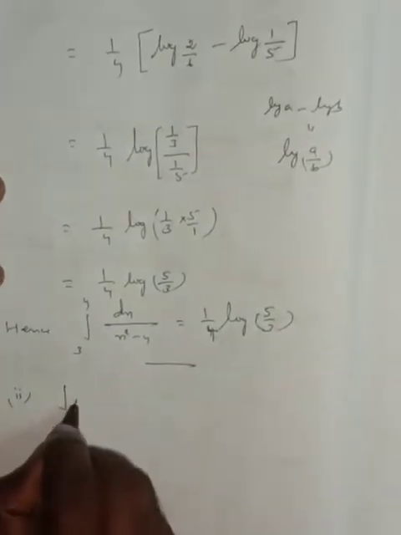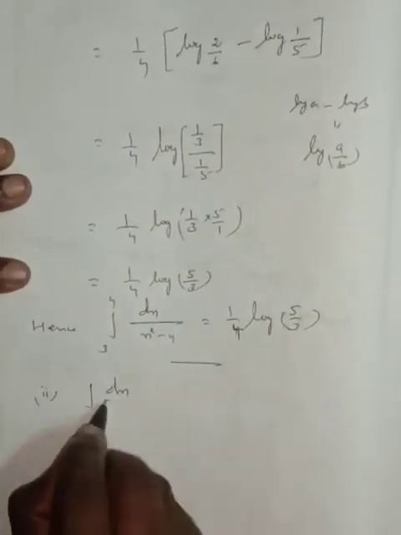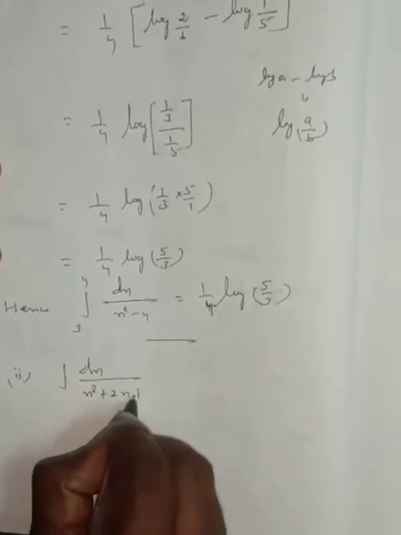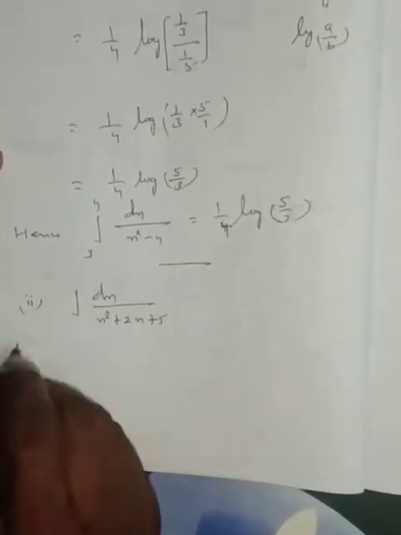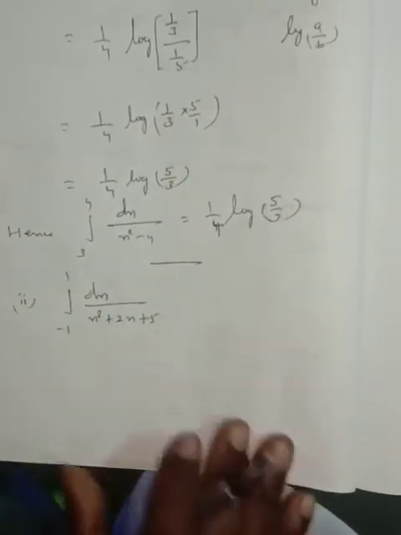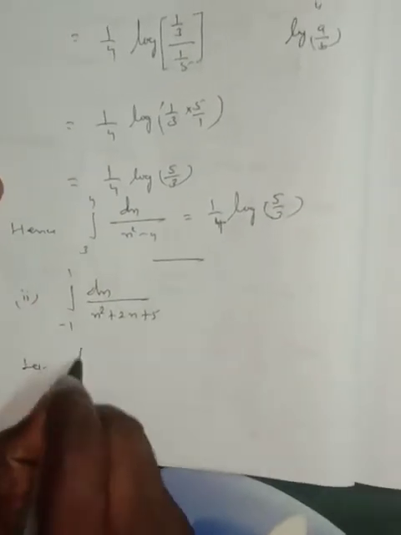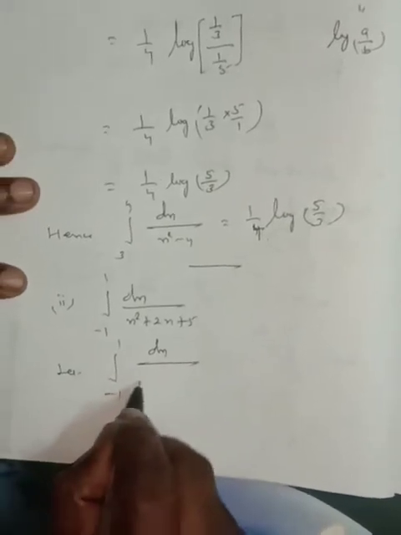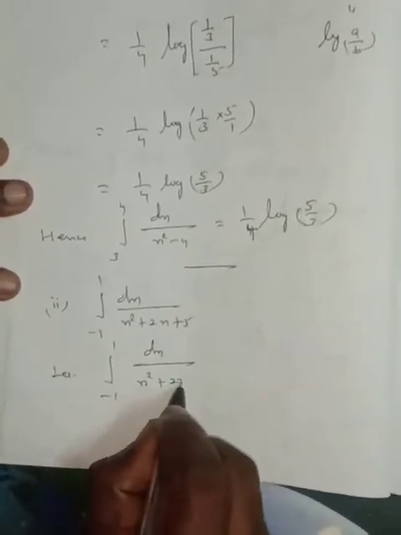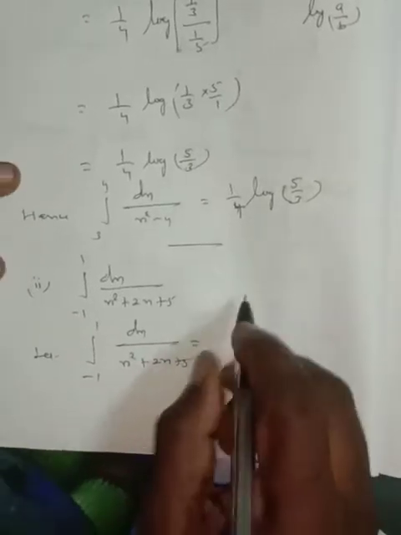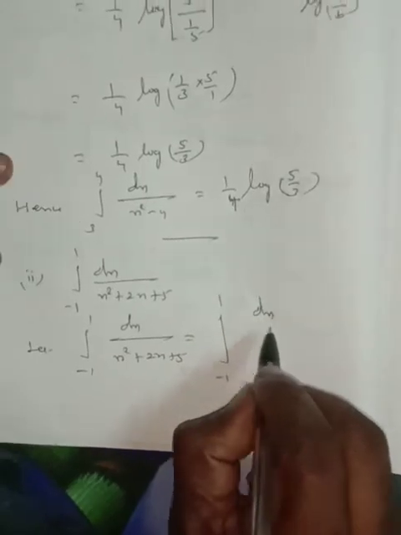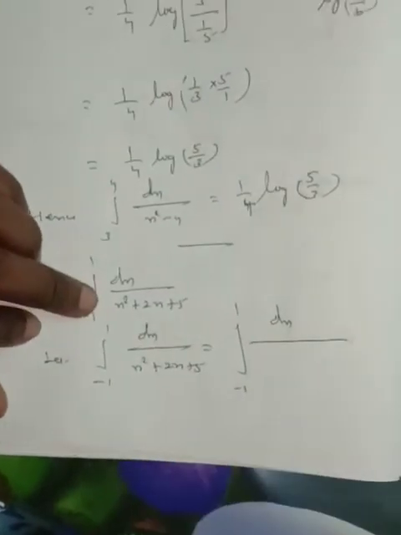The integral of dx divided by x square plus 2x plus 5, taken over the limit minus 1 to plus 1. Let the integral from minus 1 to plus 1 of dx divided by x square plus 2x plus 5 be equal to the integral from minus 1 to plus 1 of dx divided by, add 1 and subtract 1.